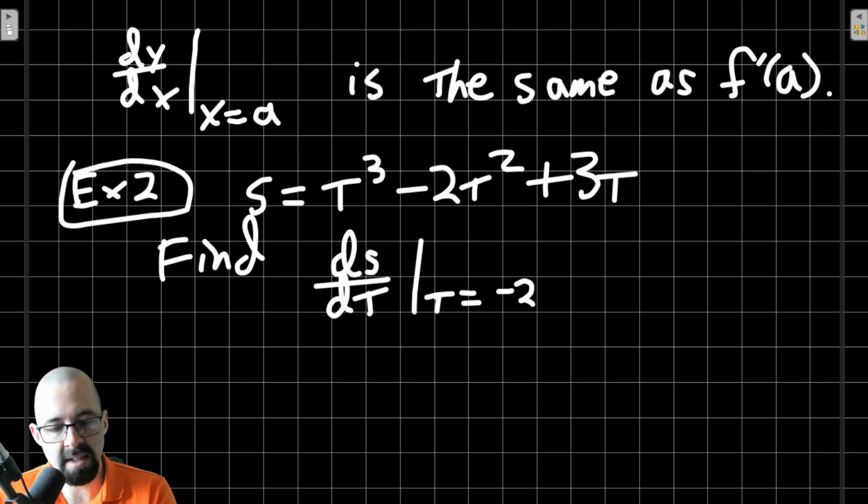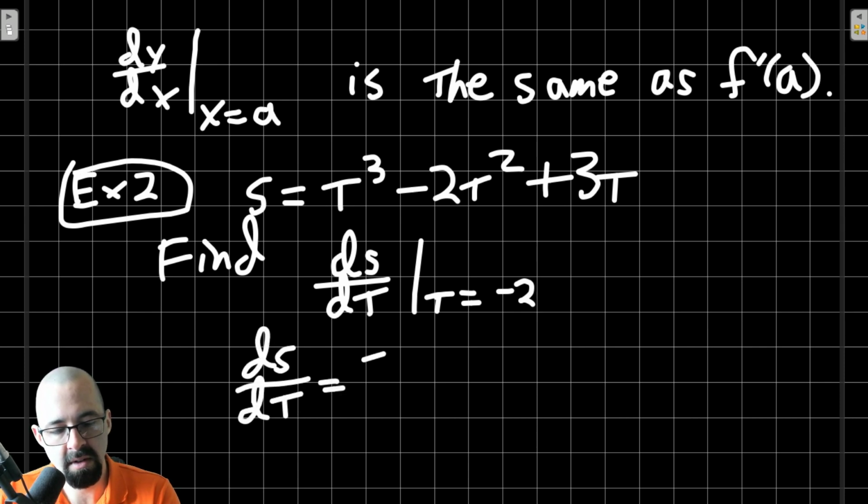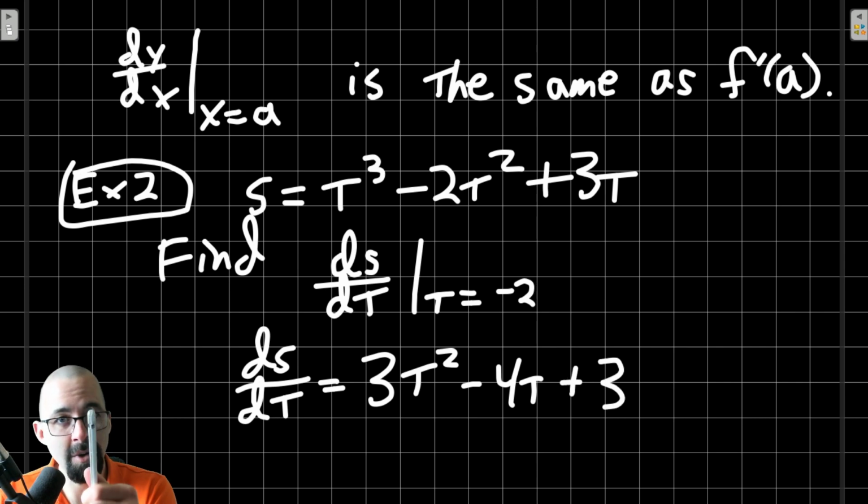So we'll take the derivative with respect to t to get ds dt is equal to 3t squared by the power rule minus 4t by the power rule plus 3, you guessed it, sorted by the power rule. Or you can think of 3t as a line, and the slope of a line is going to be that 3.